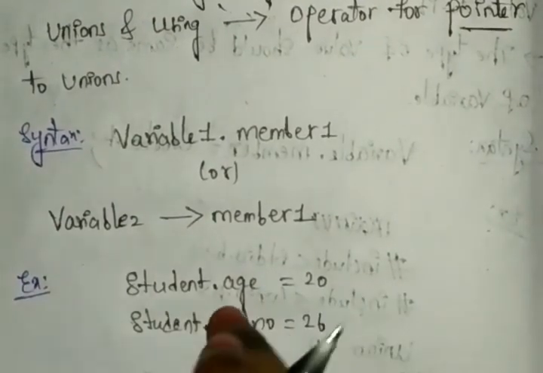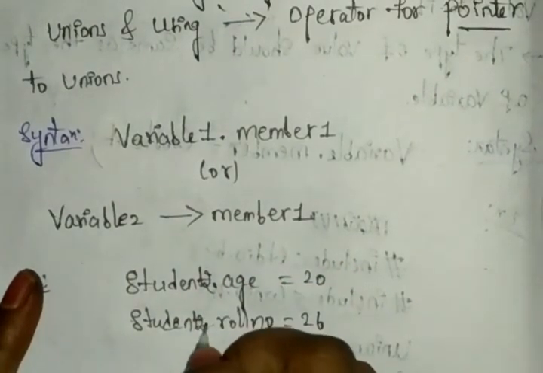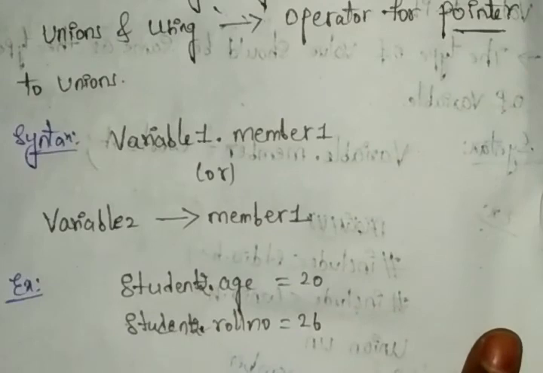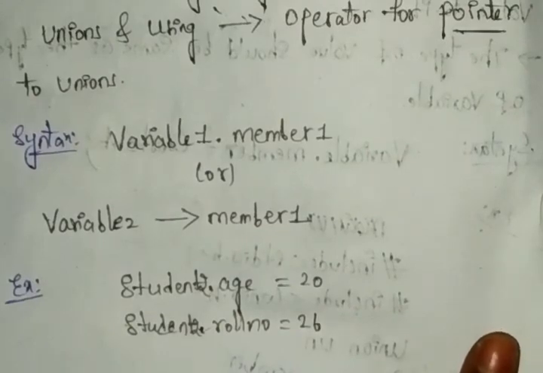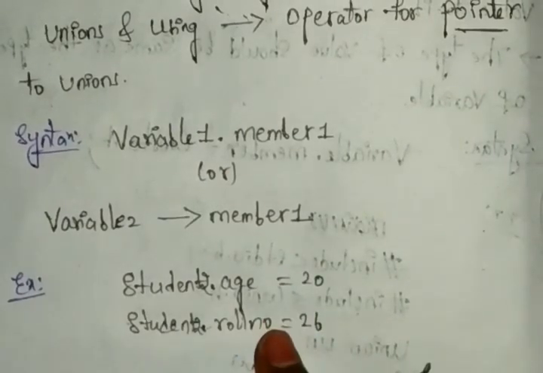Here I am taking student 2, not student 1. Student 2 will have the age 20 and the roll number 26. Student is our union variable, and the age and roll number are our union members.